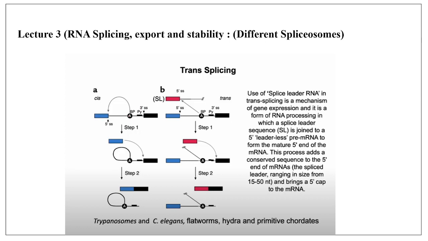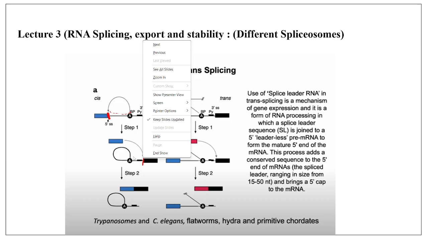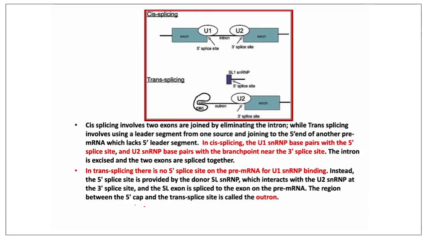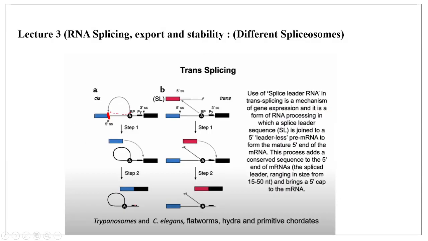This is the branch point, and this branch point gives a nucleophilic attack on the 5' splice site, and this area is cut. And then this winds with itself like this. Then again there is a cut over here, and this is removed.